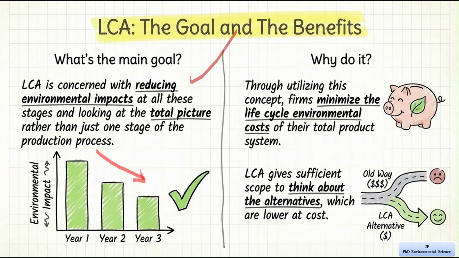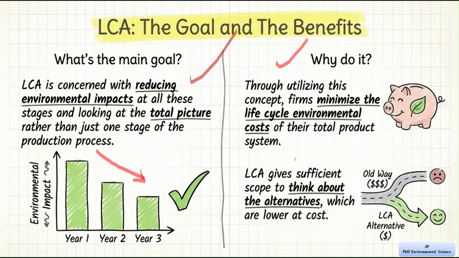Why do we use LCA? Let's understand the benefits. So first benefit is reduce total environmental cost. Here cost does not only mean money, it also means pollution, resource use and environmental damage. LCA helps reduce the overall impact of a product. Second benefit, it helps choose better options.